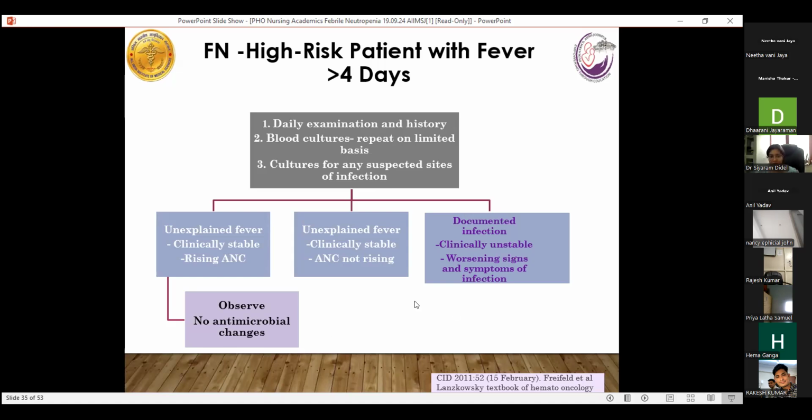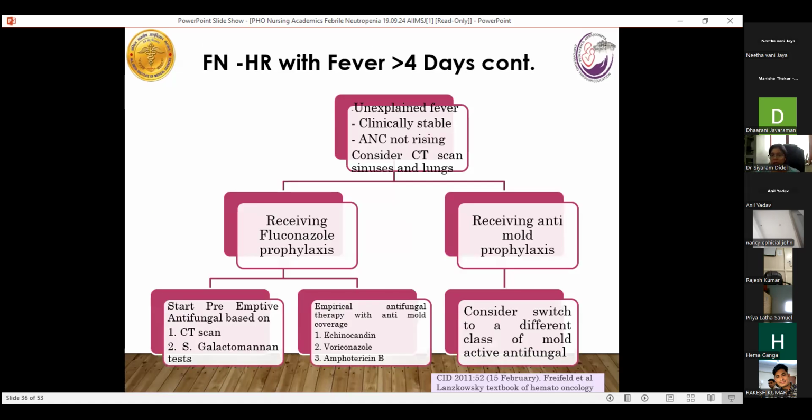The child can have unexplained fever but be clinically stable with rising ANC. We will observe the child with no antimicrobial changes. But if there is unexplained fever, the child is clinically stable and ANC is not rising, then we have to consider a CT scan of sinuses and lung.